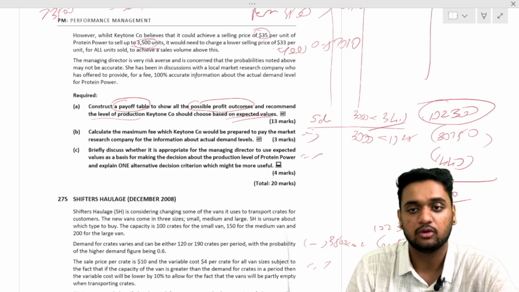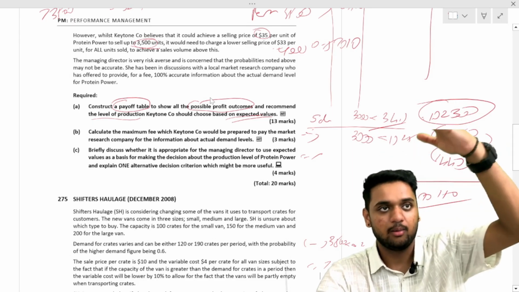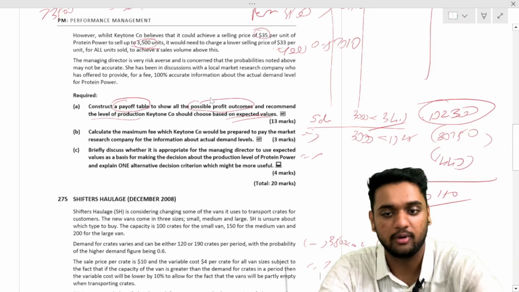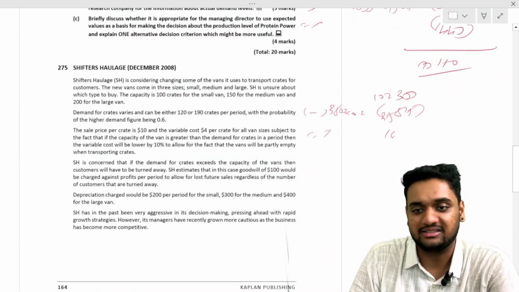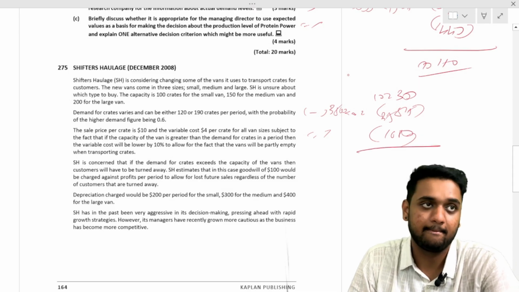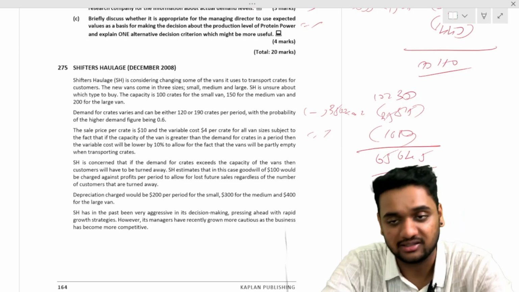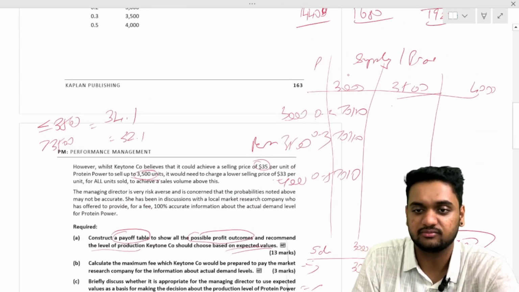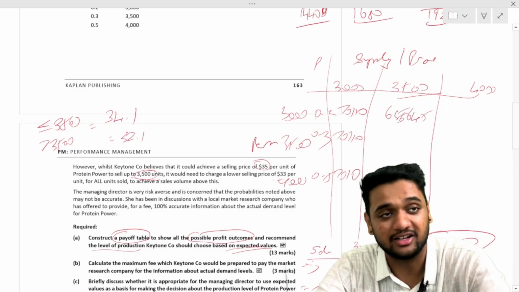Always, sales are based on the number of units sold, and cost on the number of units produced. We are producing 3,500, so the fixed cost is 1,680, which we earlier found out. So you are getting 65,645.